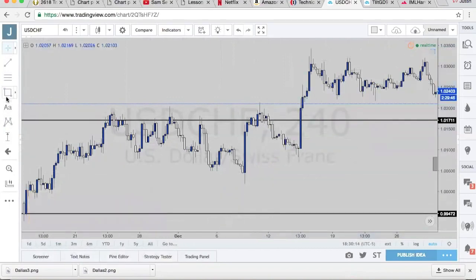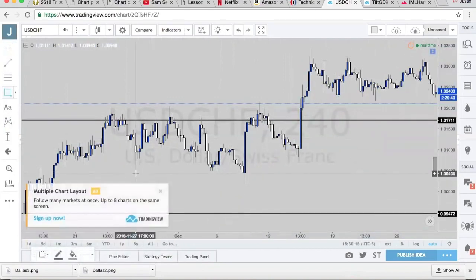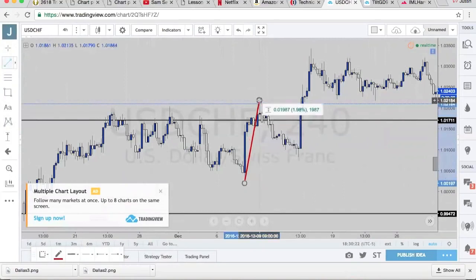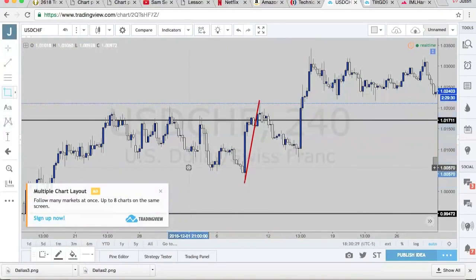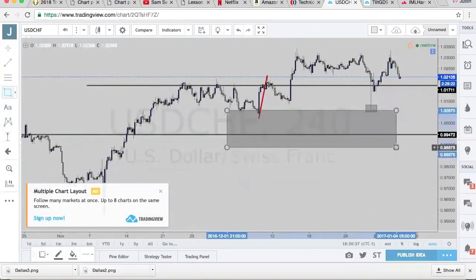This wick here is obviously where there was indecision in the market. But also what I'm doing before that is this huge rally that happened off of that level. The candle before I'm looking at as well as part of supply, and you can see to the left there's some small wicks down there too. So I drew this from the small wicks down to this wick down here, and you just drag it across.